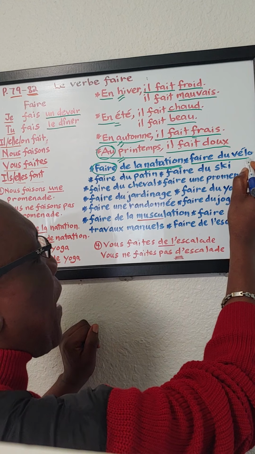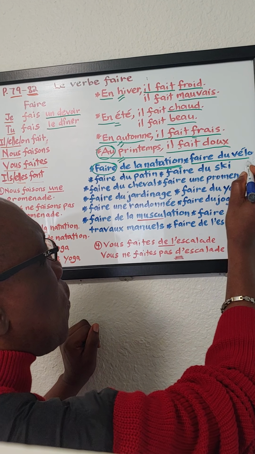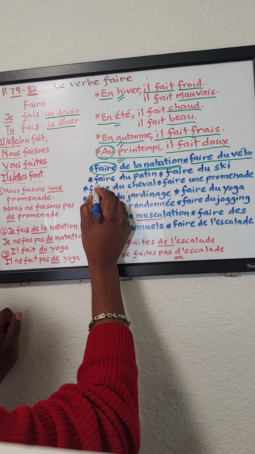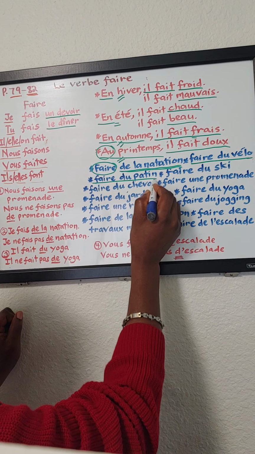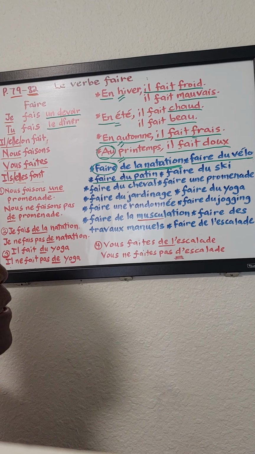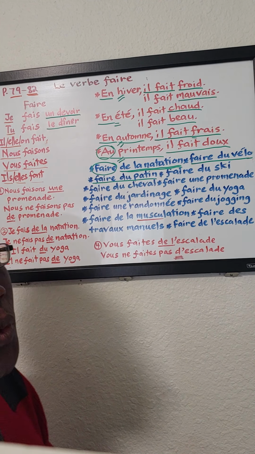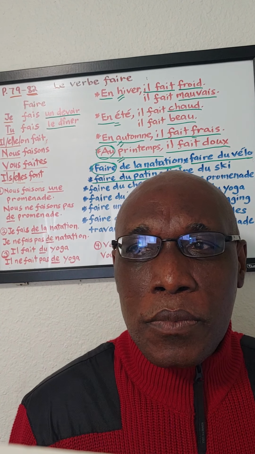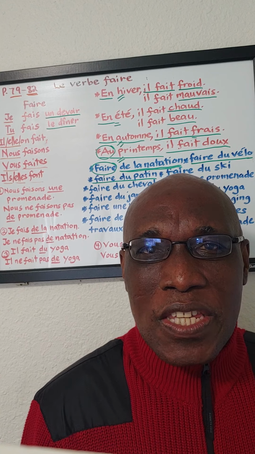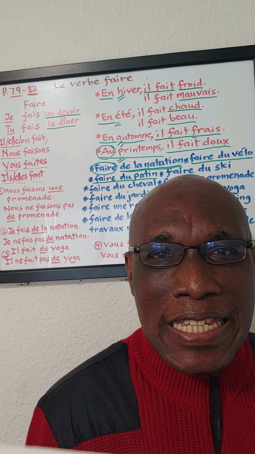Vélo means bike, so faire du vélo means to go biking. Faire du patin. To skate, to go skating, right? To skate or to go skating.